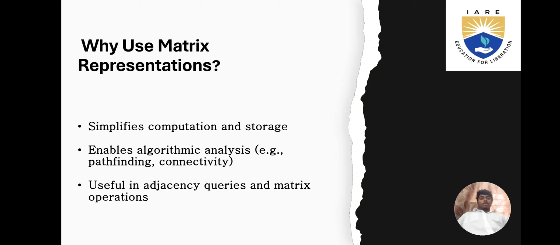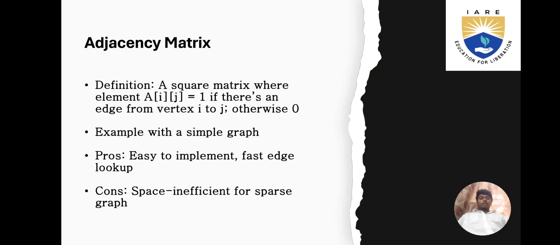Core matrix representations. The adjacency matrix. The adjacency matrix is represented by a square matrix A of G equal to Aij, where Aij equals 1 if there is an edge between vertices Vi and Vj, and 0 otherwise. For a weighted graph, Aij holds the edge weight.